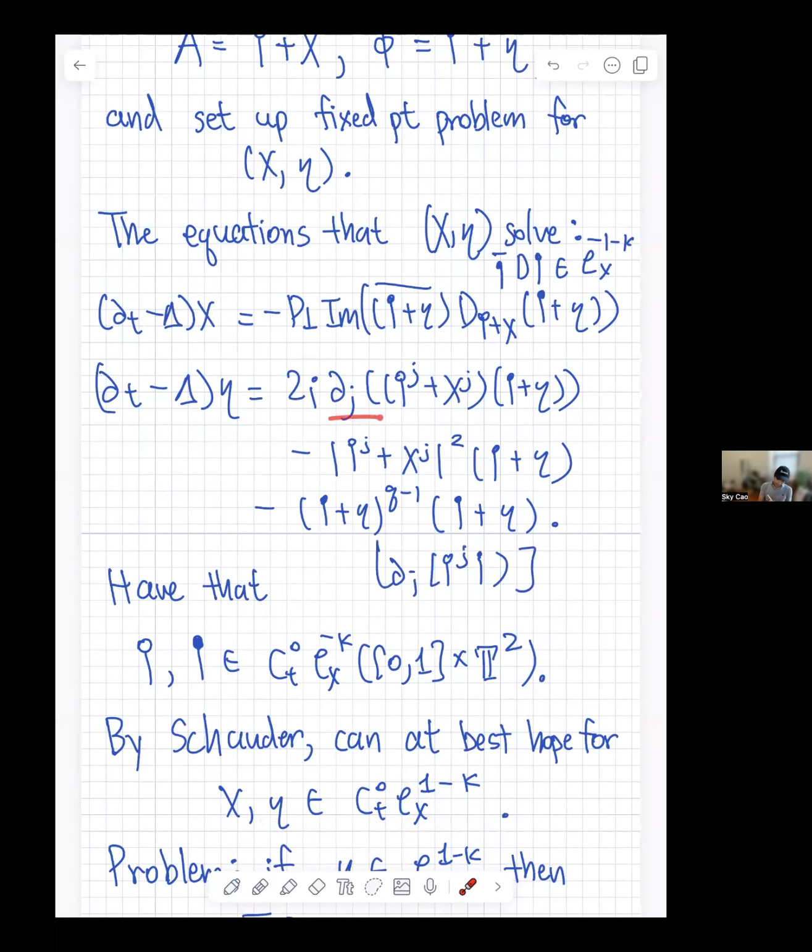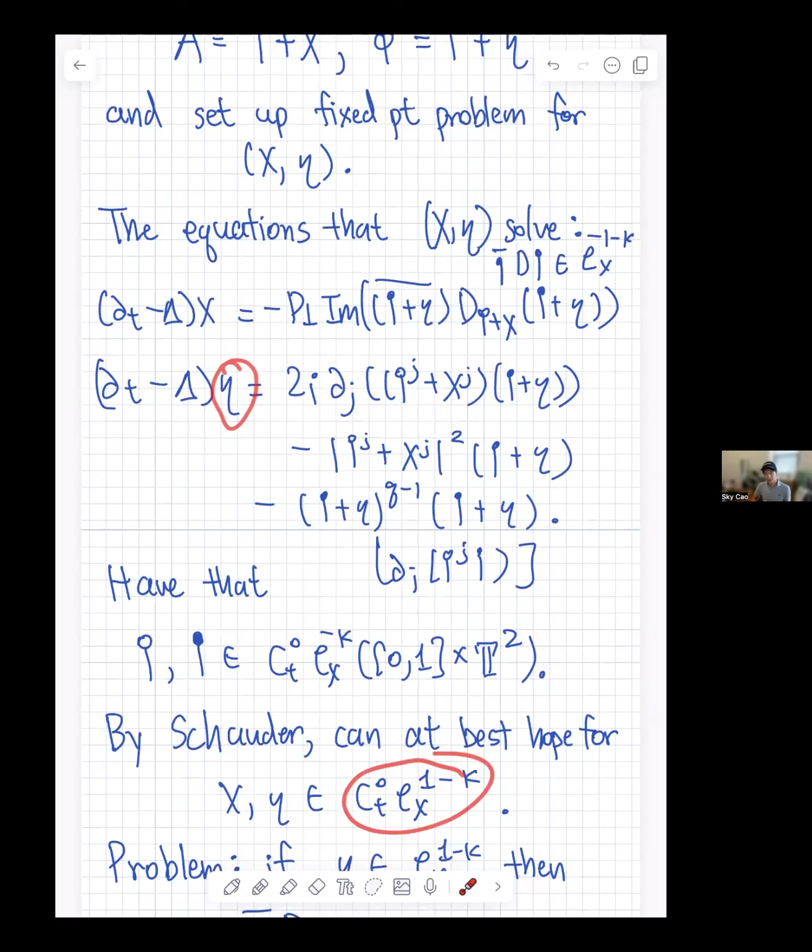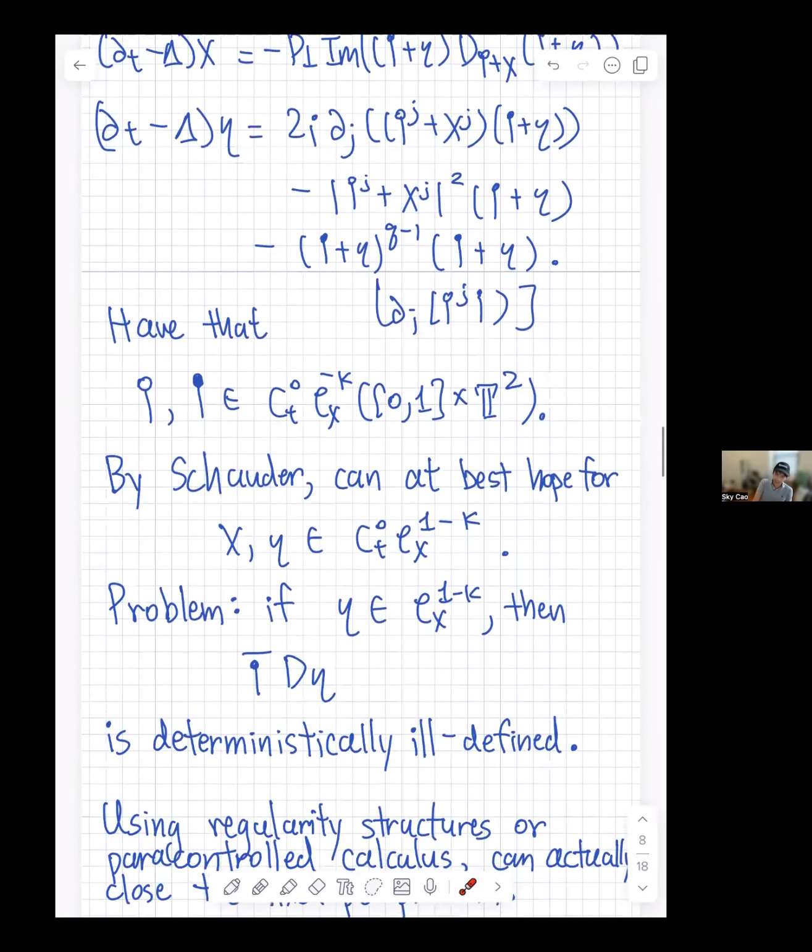If I look at this term here, I have as one of those terms this derivative here, which also is at the same regularity, -1 minus kappa. And so again, similarly with eta, at best, eta is going to have 2 more regularity, and that's going to put me in this space. Right, so this is a type of formal power counting that you often do to do local theory for a singular SPDE. But then here's the problem.